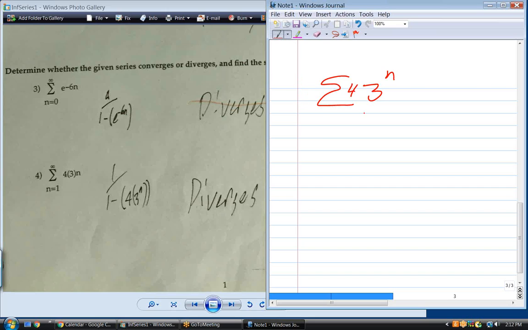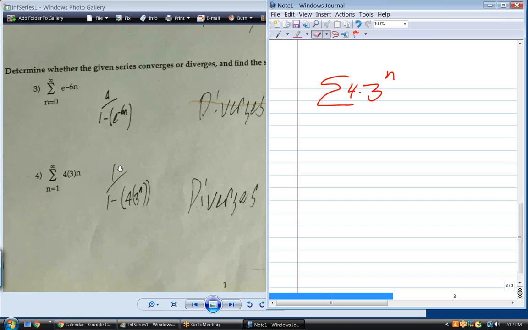Remember, the standard is A times some R to the nth power. So the R in this case is 3. That makes it divergent instantly. In other words, you should erase this. If it was convergent, it would be 1 over 1 minus 3, not 4 times 3.